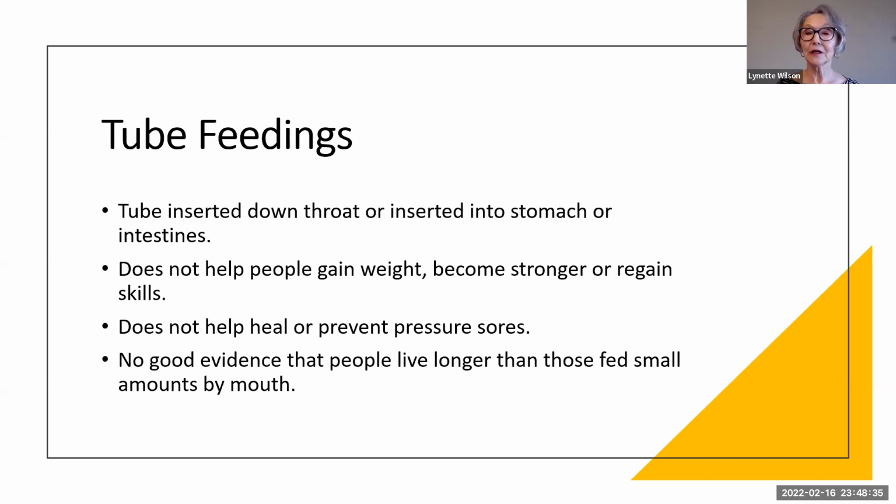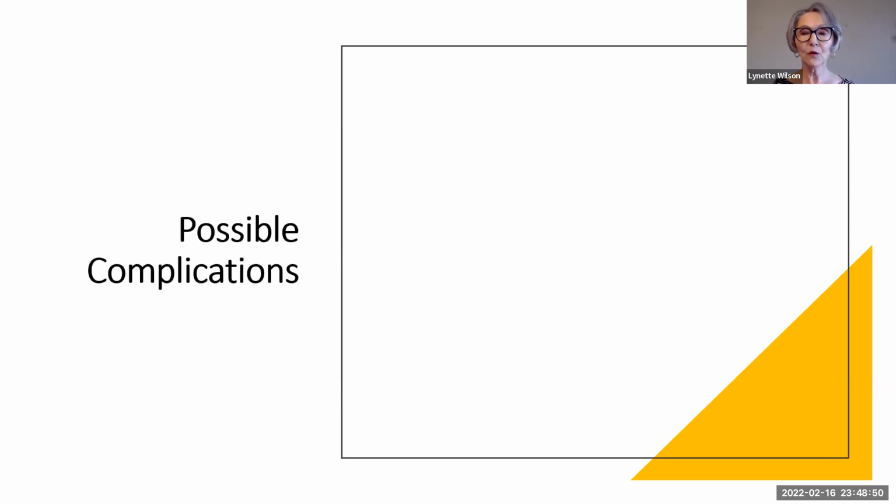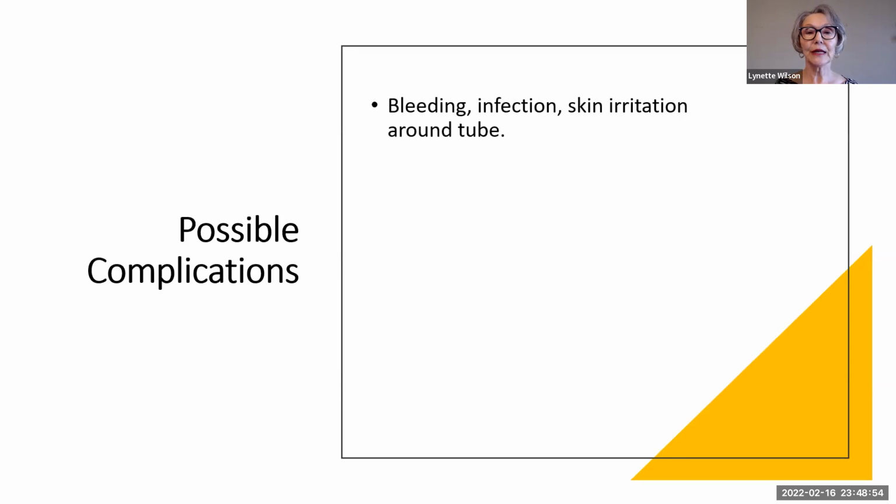In addition, going to tube feedings means that you deprive the person of the joy of tasting food and the social interaction that frequently goes along with feeding someone. What are complications of feeding tubes? You can have bleeding, infection, or skin irritation around the tube, nausea, vomiting, and diarrhea.